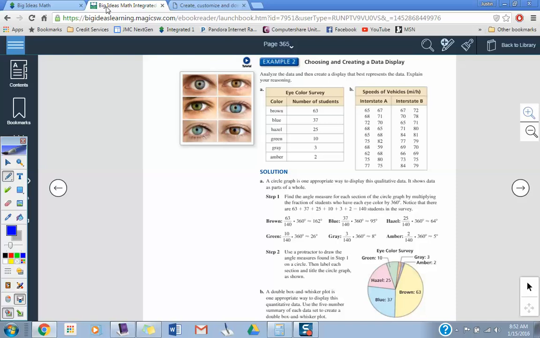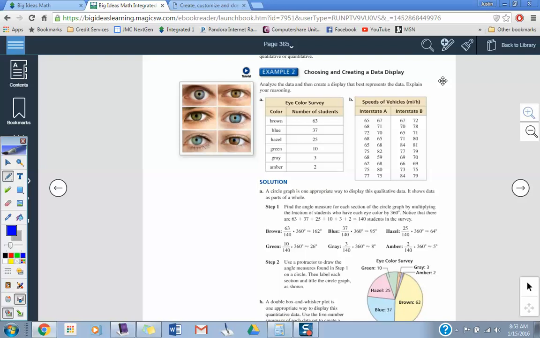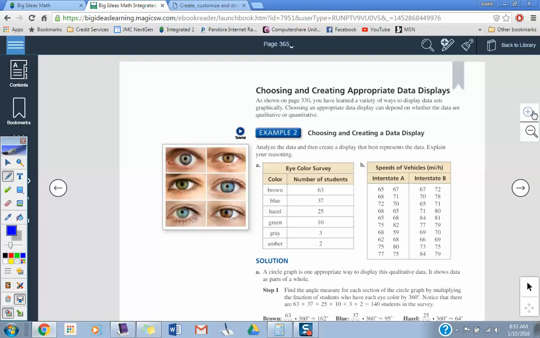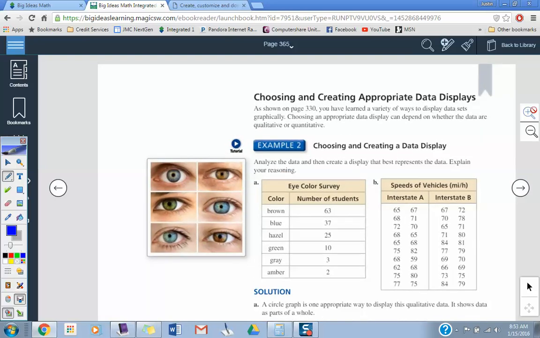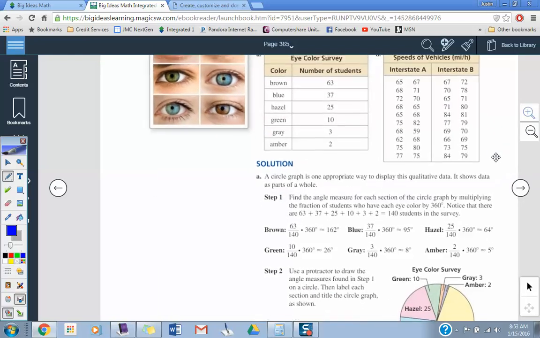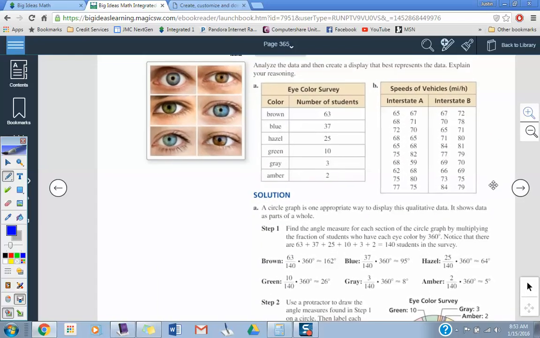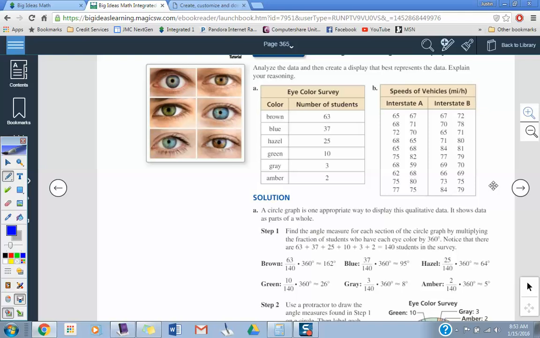Anybody? Okay. All right, so just want to kind of read through this in terms of what's going on, but example 2 talks about choosing and creating a data display. And you guys should have this in your Chromebooks as well, and I'll zoom up a bit so we can read this better up here. All right, choosing and creating a data display. It says analyze the data and then create a data display that best represents the data. Explain your reasoning.